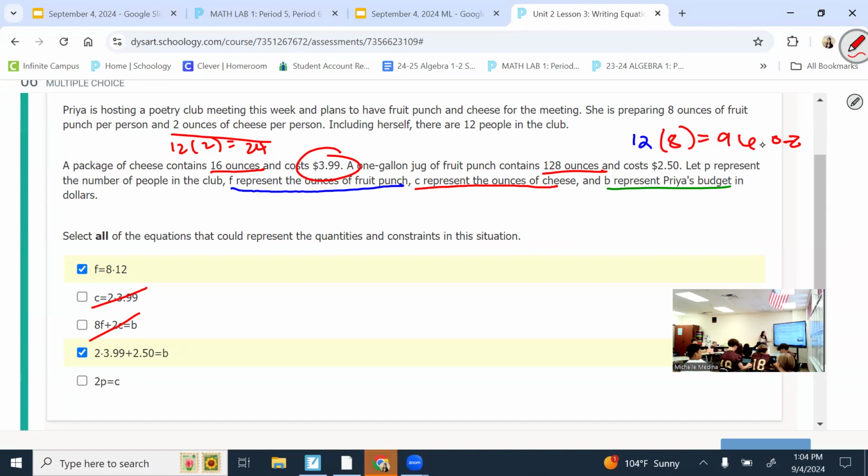Last one we need to check. We have 2P equals C, C being ounces of cheese I need, and P being number of people in the club. So would timesing 2 by my number of people in the club tell me how much cheese I need?